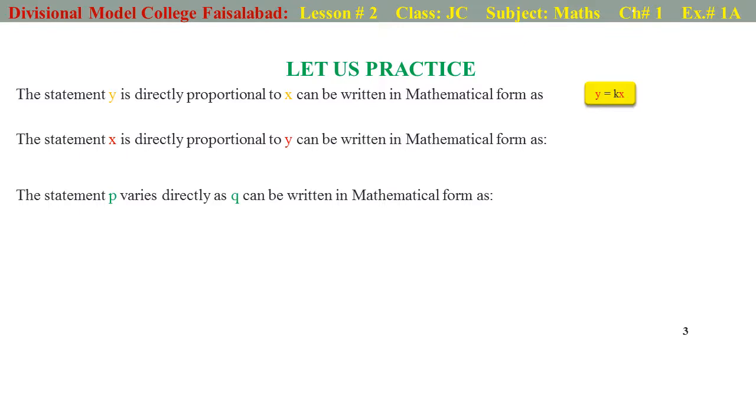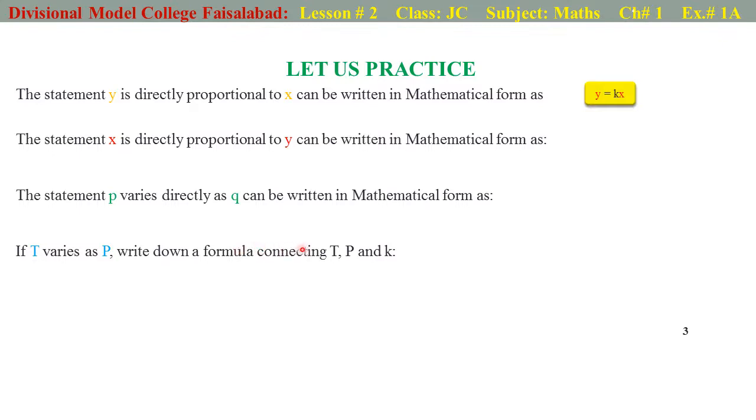The statement P varies directly as Q, write this in mathematical form in your notebook. Similarly, T varies as P: write down a formula connecting T, P and k. It is the same as this one, a formula connecting y, k and x.